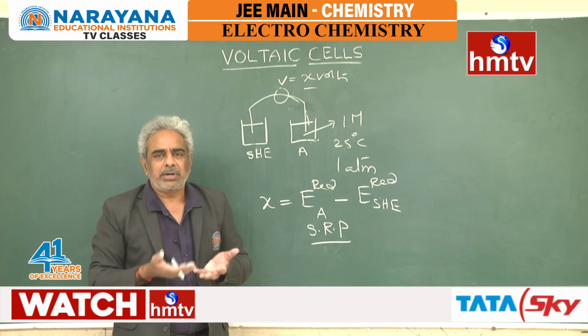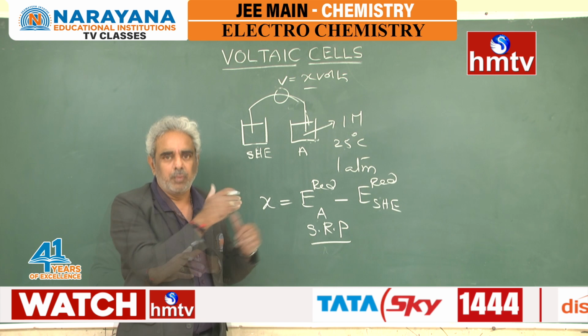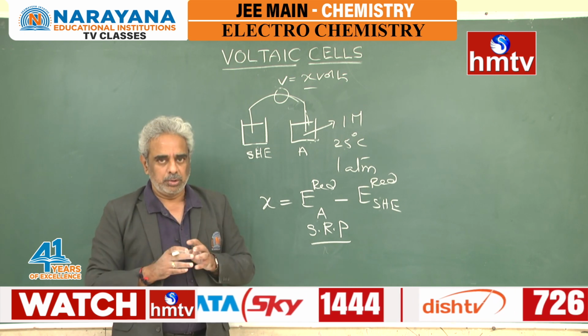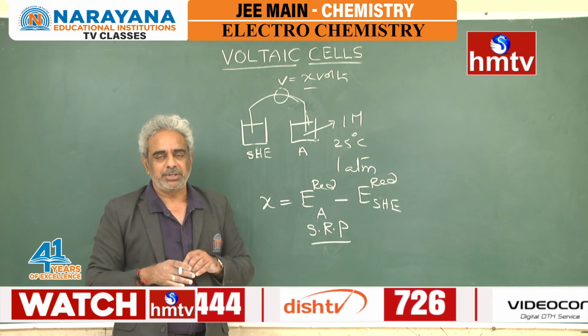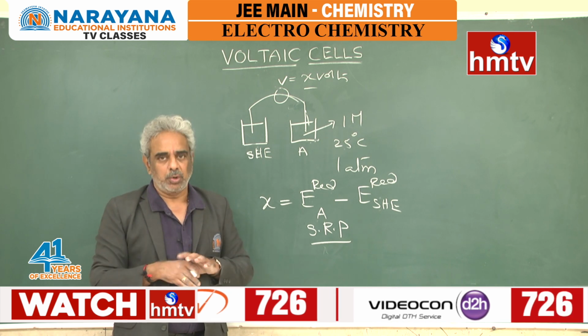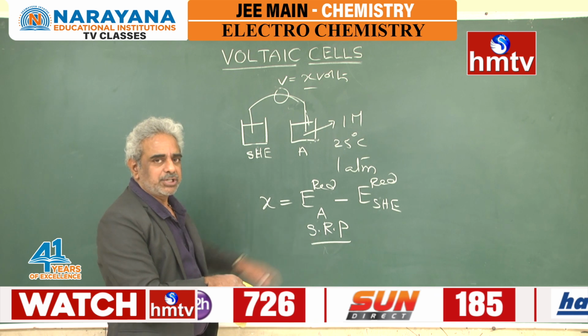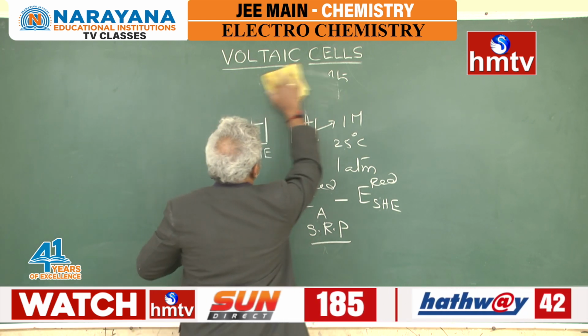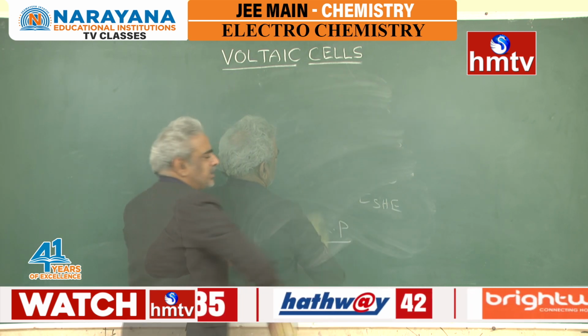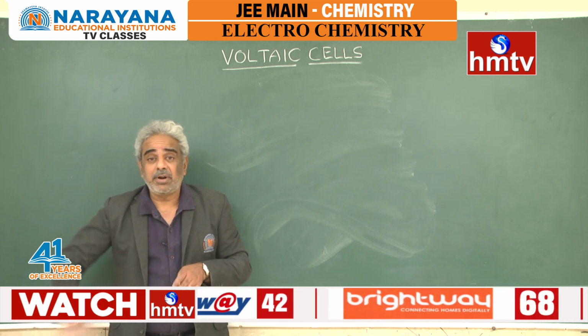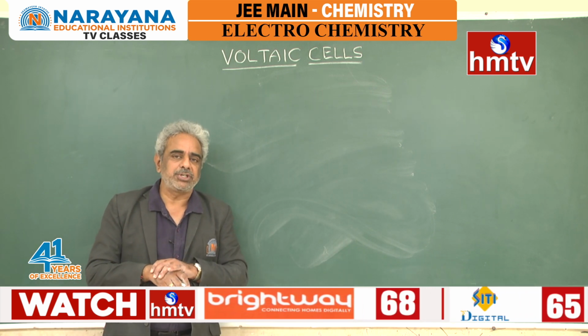So, the single electrode potential you can determine for n number of electrodes. There is no limit for construction of an electrode, I will show you now. So, how to construct an electrode, how to give the electrode reaction, how to represent an electrode, that also we will learn now. And such potential is called standard reduction potential. Suppose I want to construct silver electrode, silver metallic electrode. How to construct?